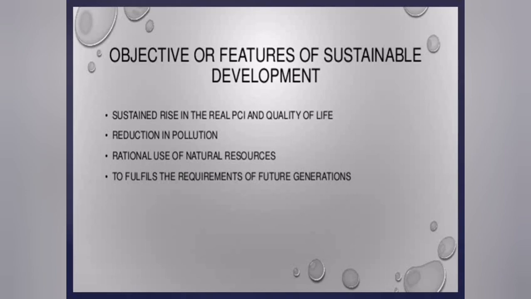We should aim at the judicious use of resources. We should use the resources in a planned way. The last one, to fulfill the requirements of future generations. Our economic planning and implementation should be for the future generation. And almost all economists and rulers of the world should aim at these objectives or features of sustainable development.